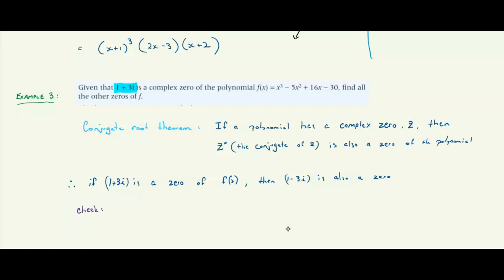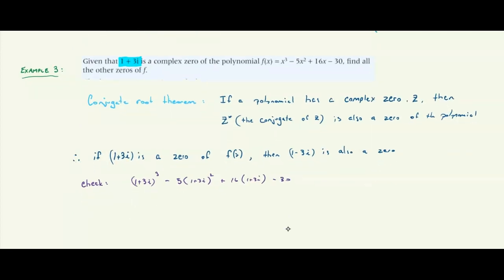So what I should get is that 1 plus 3i cubed minus 5 by 1 plus 3i squared plus 16 by 1 plus 3i minus 30. I'm going to evaluate this. I should get 0.